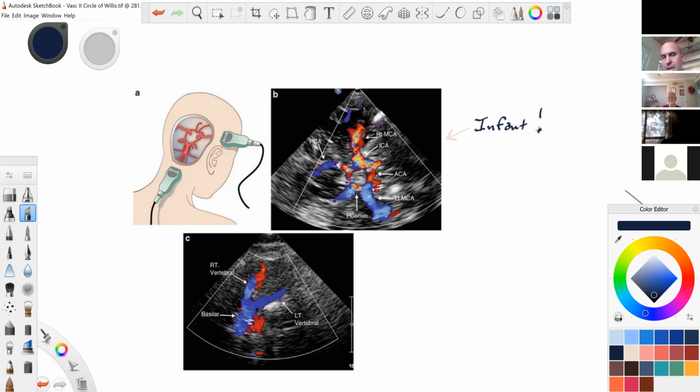If not an infant, maybe even a fetus, although the transducer is awfully close to the head, but probably an infant. And you can see blood coming towards them. The strong signal here is the middle cerebral artery.